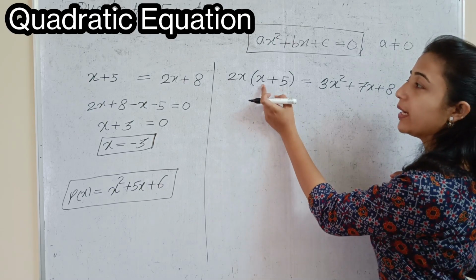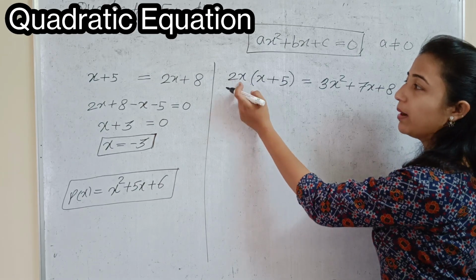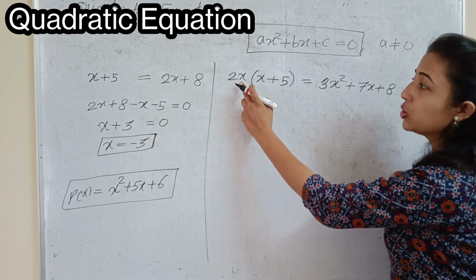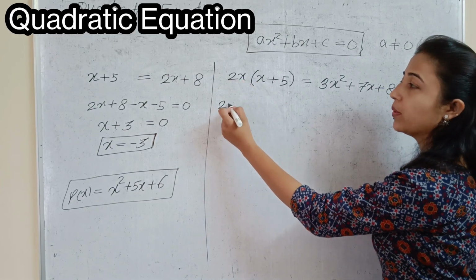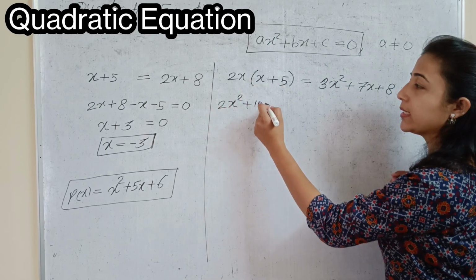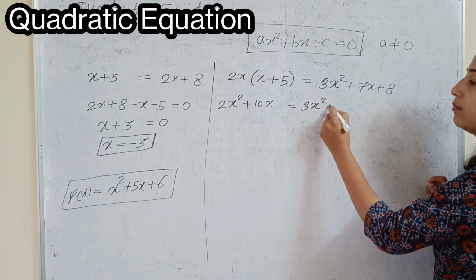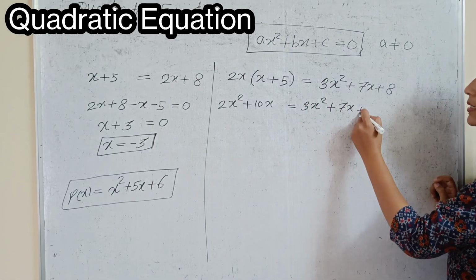Here we have x plus 5 multiplied by 2x, so I will open this bracket by multiplying by the outside term. So 2x into x is 2x square, and 2x into 5 becomes 10x, equal to 3x square plus 7x plus 8.